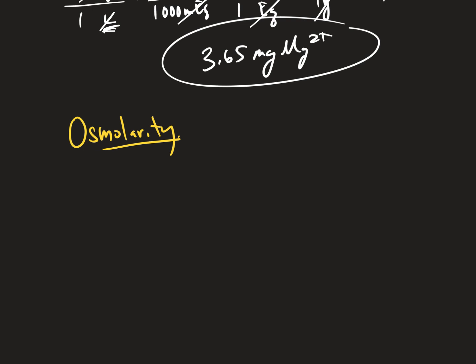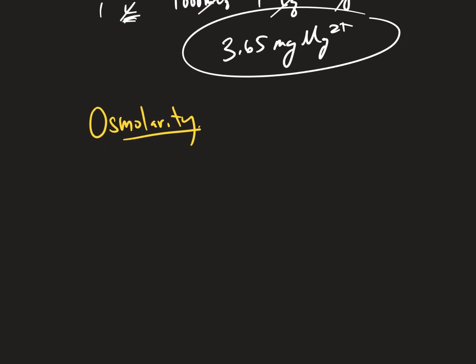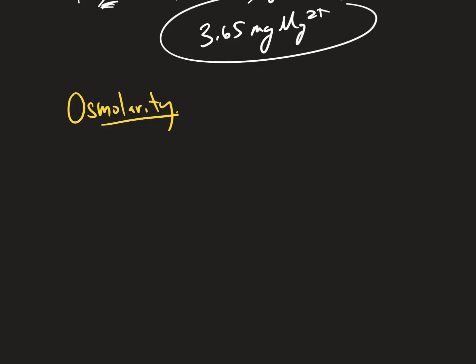The number of particles in the solution. Okay. So depending on how many particles you have, it's going to allow it to go quicker or not at all. I'm not going to go more in depth than that. If you want to learn about osmosis, you can. But do you guys have a reverse osmosis system in your house for your water? Okay, we won't go there. All right.